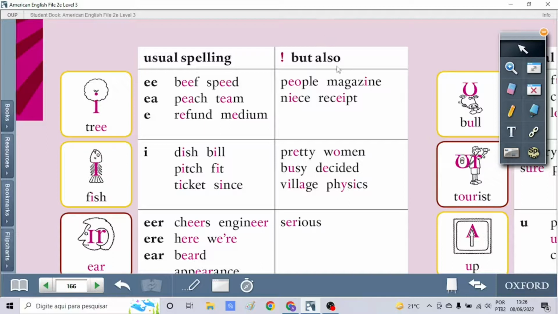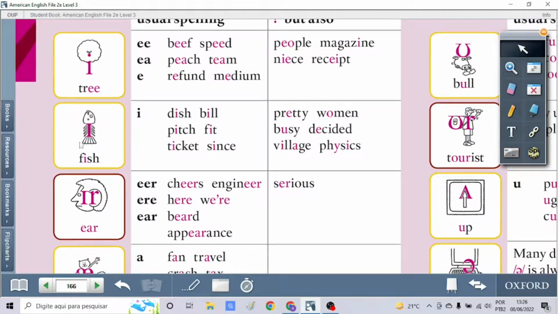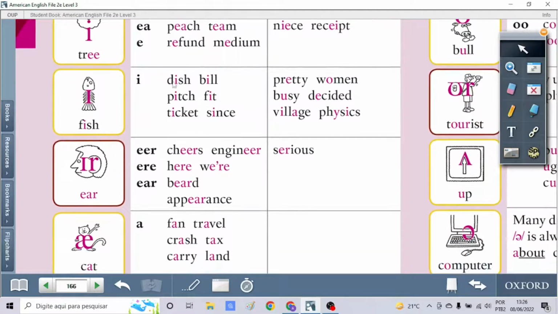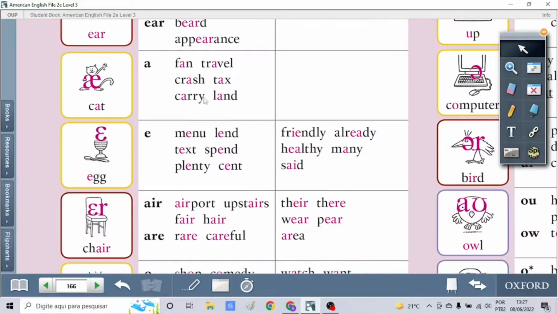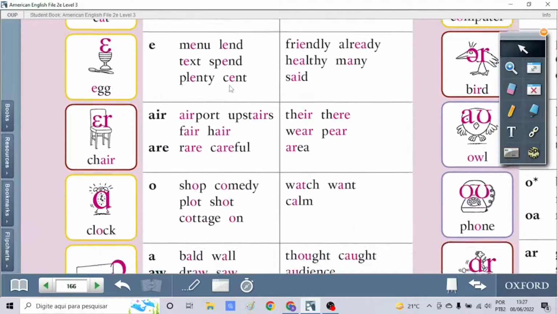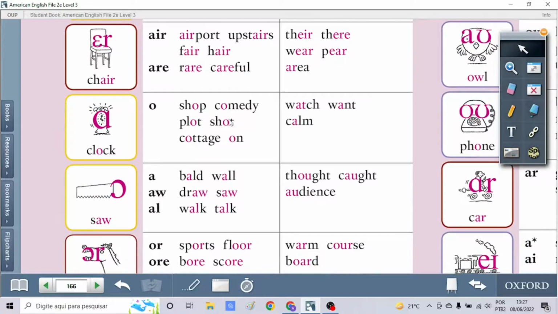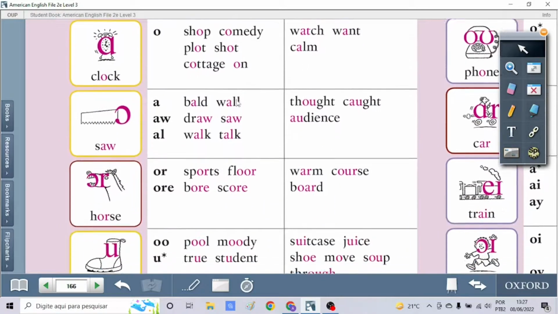Here, not so common but also happen: people, magazine, niece, receipt. Okay, so try to do the same for all the other vowel sounds so you can learn to identify where these sounds usually appear so you can't miss them out. Okay, please do it.